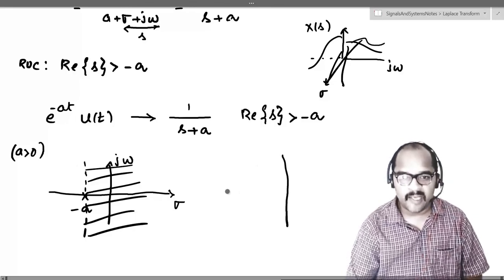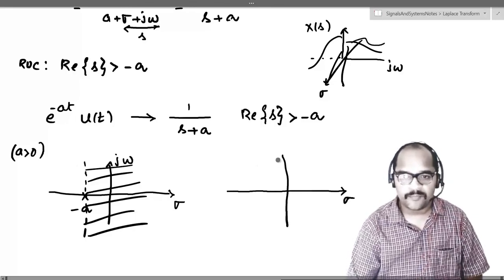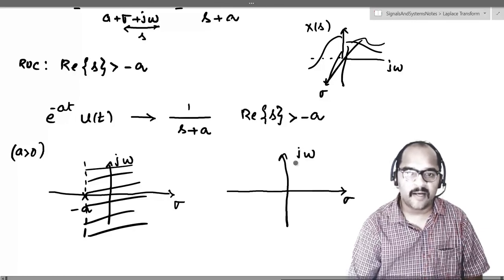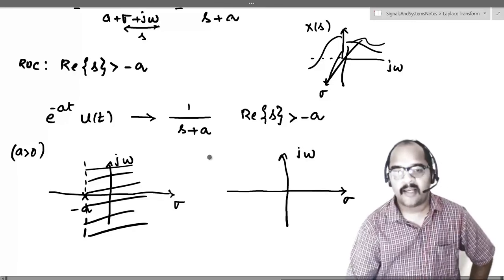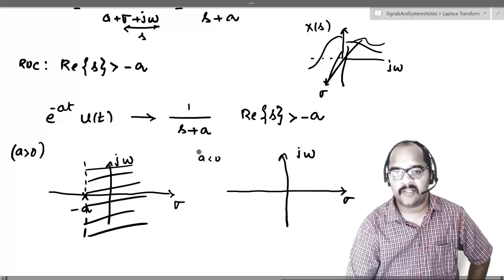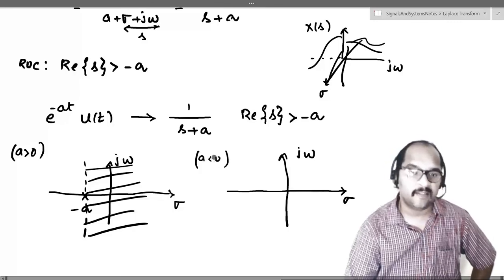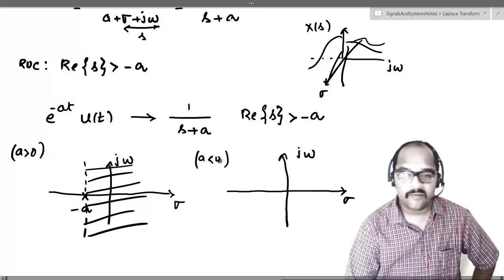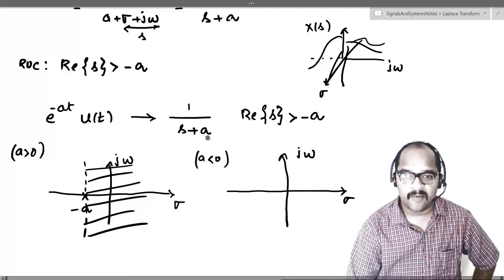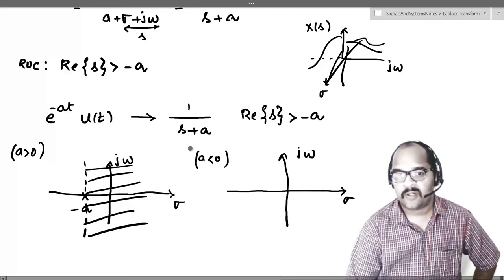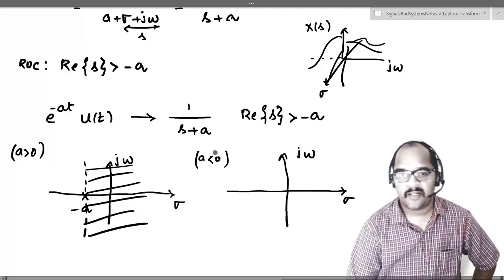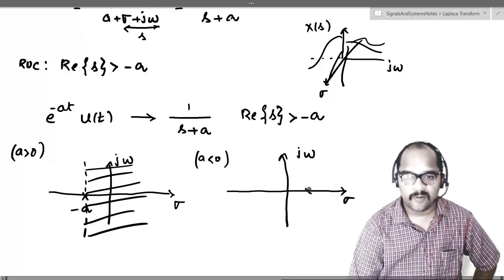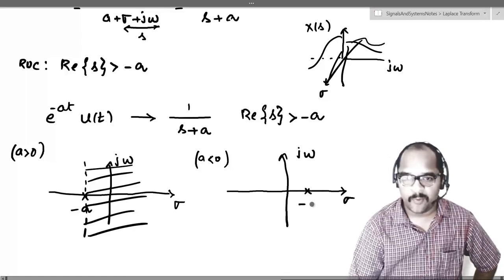What happens when a is less than 0? This is sigma and this is j omega, and let's say this is the case when a is less than 0. S plus a means what? A is negative, so we have a pole at minus a.